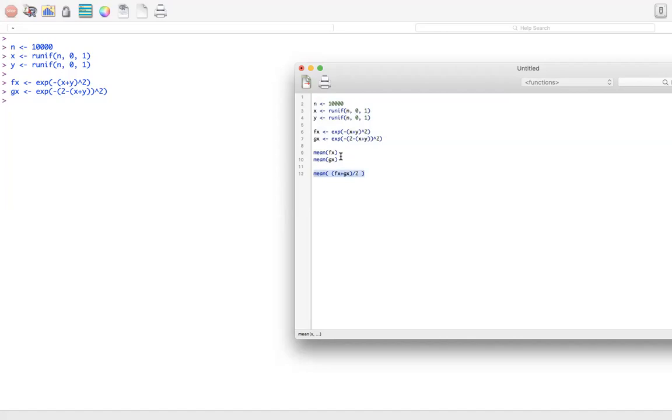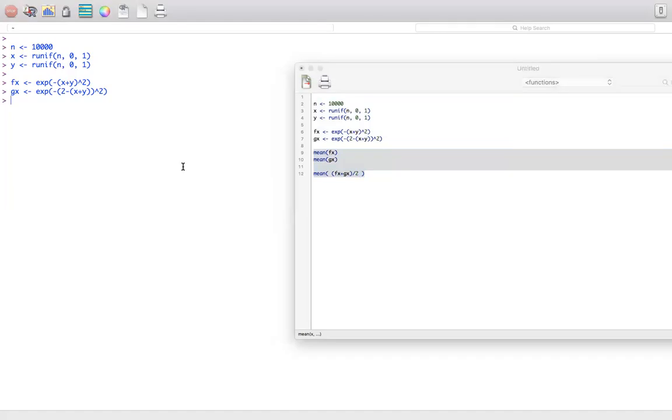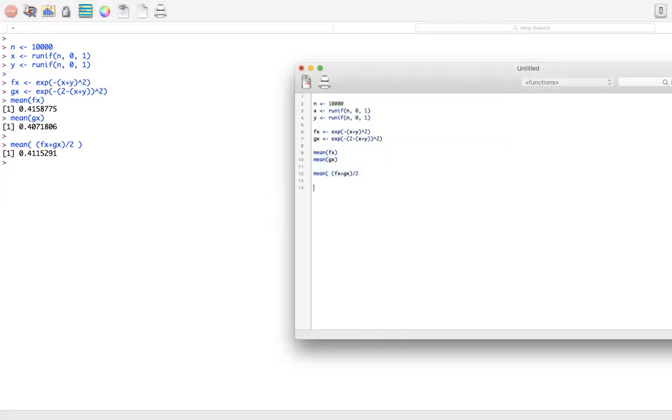These are the separate ones, and the last one combines both. Let's look at their means. They are about the same. And let's look at the variance. The individual variances should be about the same, but the last one should be much smaller.